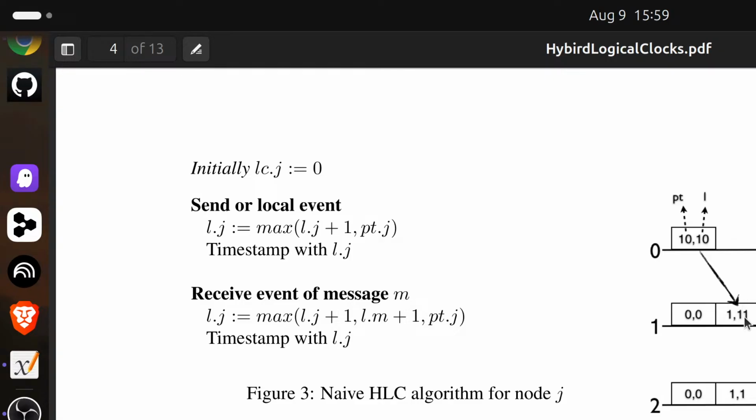It sends some message here, 1, 11. Logical time 1, physical time is 11. The next event it creates is 2, 12 plus 1, right? So here it was 2, 13, 3, 14, here 4, 16, 4, 17.